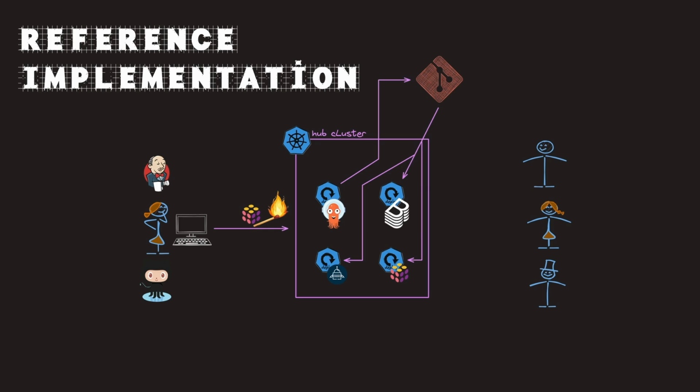So we have a separation: the ignition of the hub cluster, the minimal Argo CD, and then the GitOps repository with all the other applications to fetch from and deliver into our Argo CD cluster, including Argo CD itself.